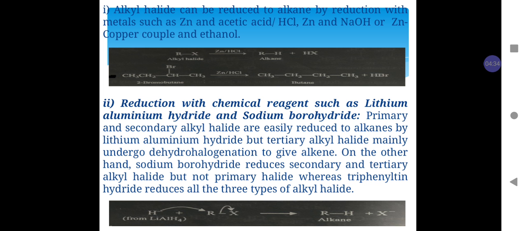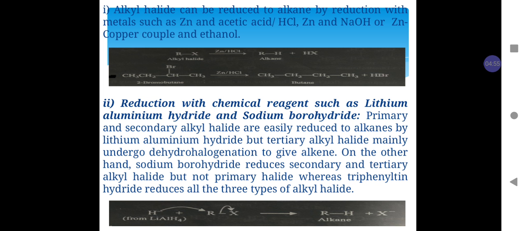Sodium borohydride reduces secondary and tertiary alkyl halide but not primary halide. Whereas triphenyl tin hydride can be used to reduce all the three type of alkyl halide into alkane.